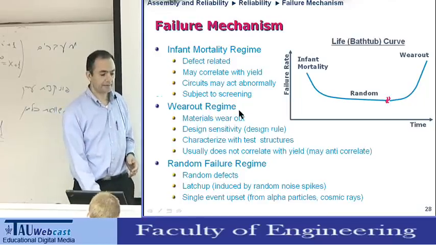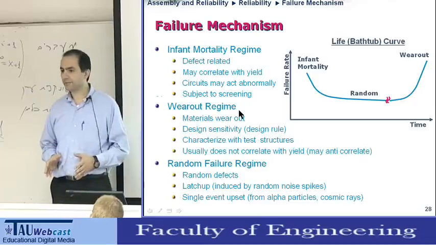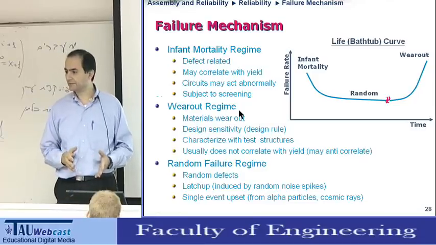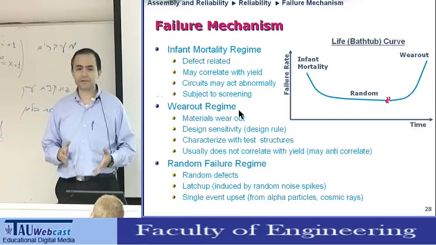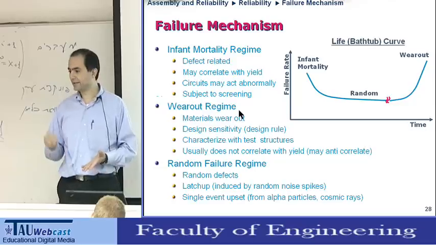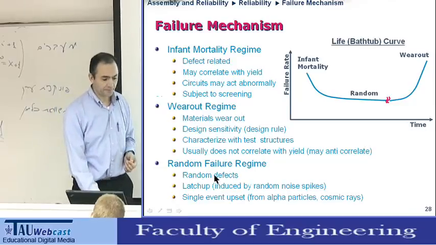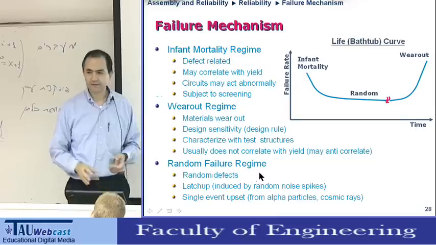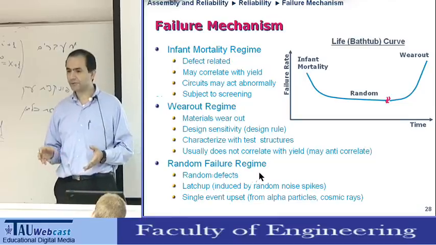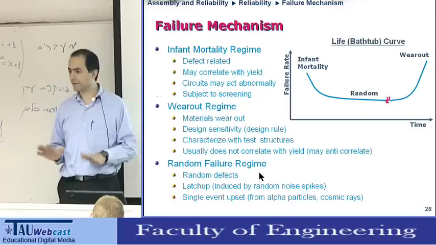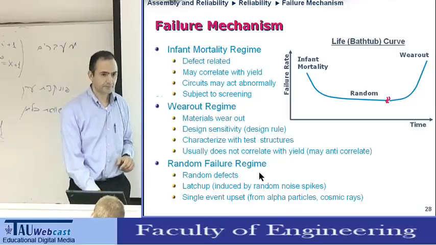On the other hand, the wear-out regime is not related to yield. So this is related more to the design of the product itself. And the random is not related to yield usually. It's at a very low level. Questions?